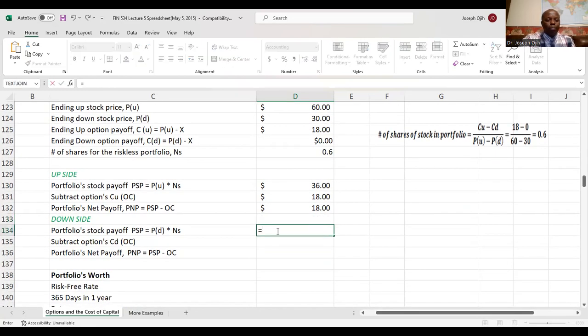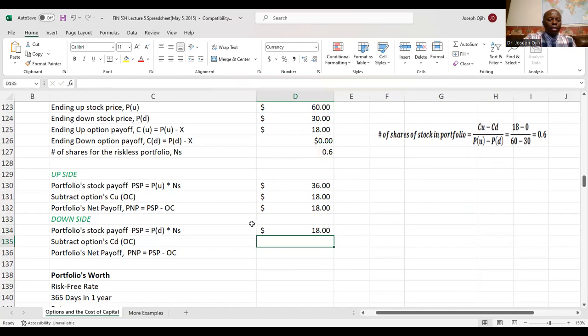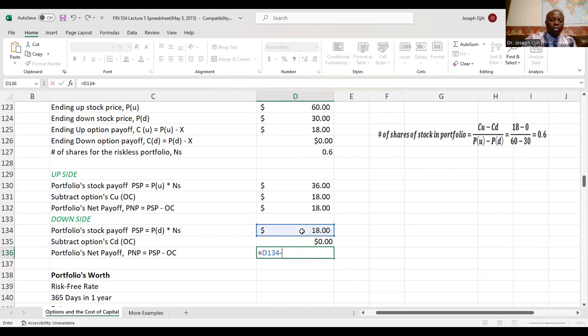First of all, we find the portfolio stock payoff, which is PD times NS, where NS means the number of shares for the risk-free portfolio. Then subtract the option CD, the ending down option payoff, which is 0 for the downside. When we subtract, we get the same $18.